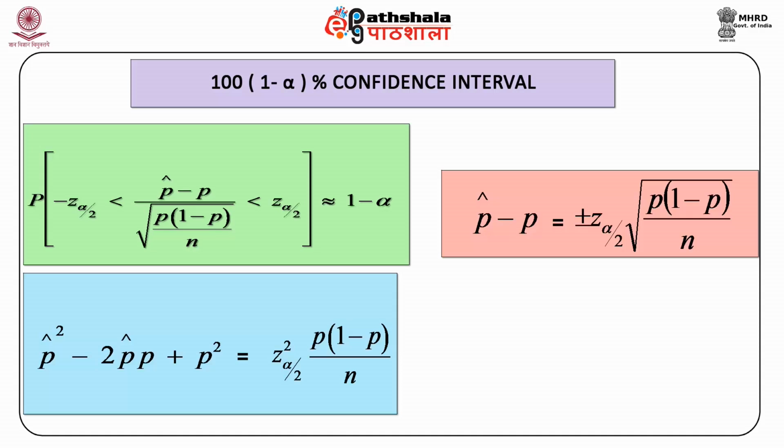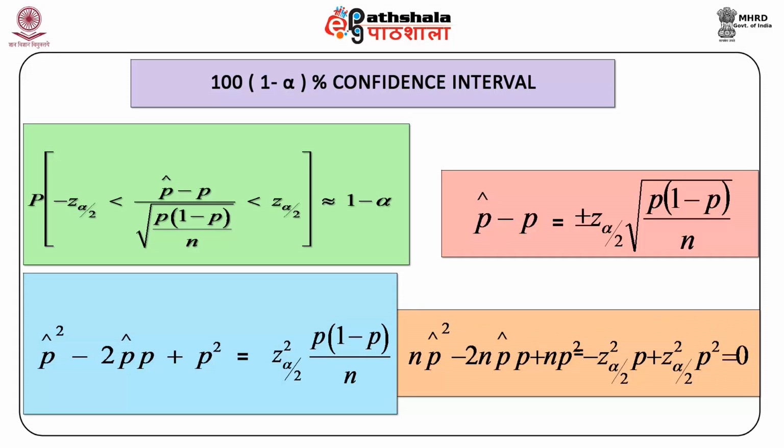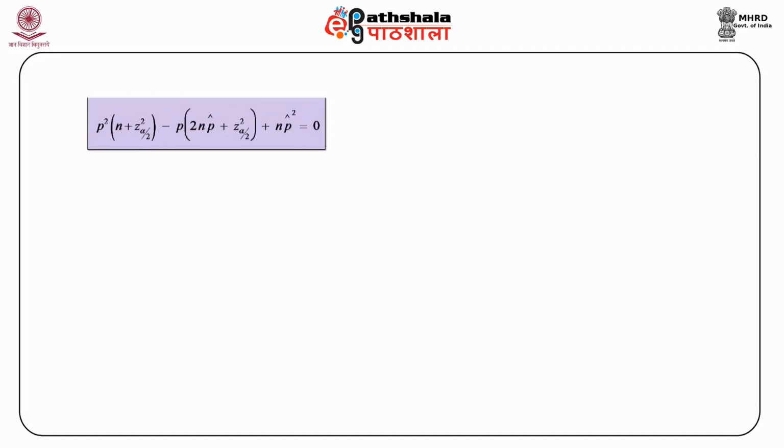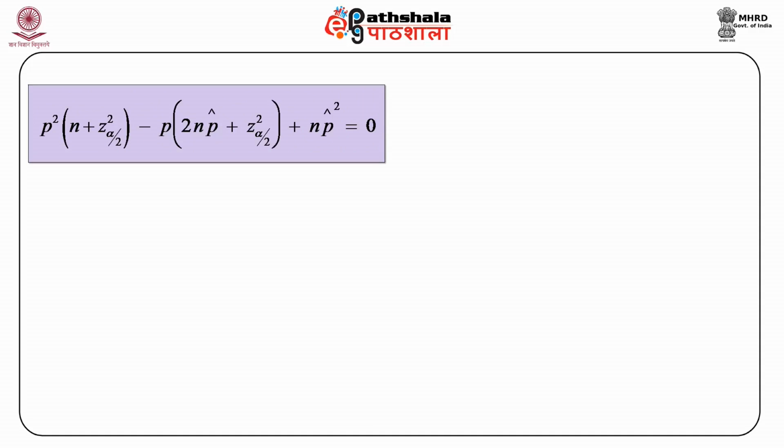Multiplying through by n and rearranging the terms, we get n p hat squared minus 2n times p hat p plus np squared minus z squared alpha by 2 p plus z squared alpha by 2 p squared equal to 0. Collecting the terms, p squared times (n plus z squared alpha by 2) minus p times (2n p hat plus z squared alpha by 2) plus n times p hat squared equals 0.